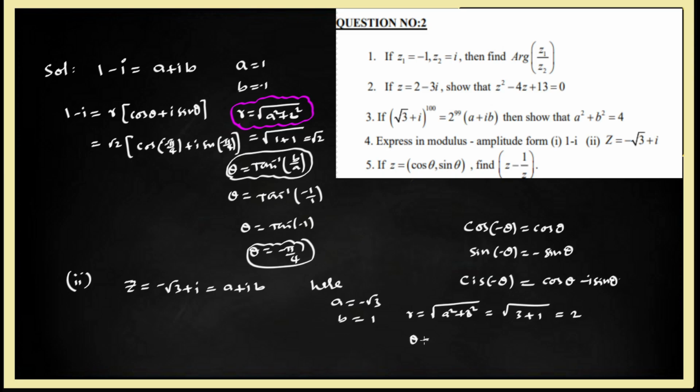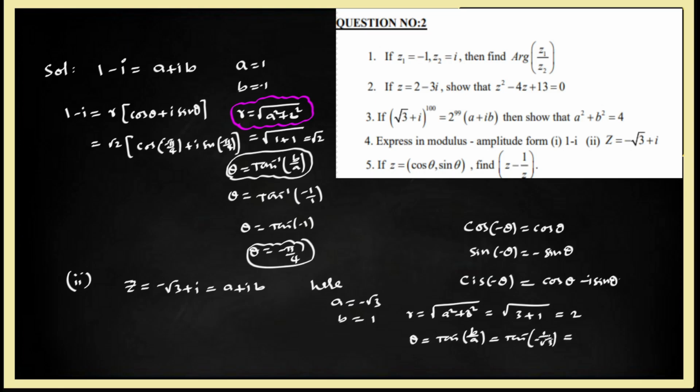The formula of theta is tan inverse of b by a, tan inverse of 1 by minus root 3, or simply 1 by root 3. So tan theta is 1 by root 3, tan pi by 6, but minus is there.